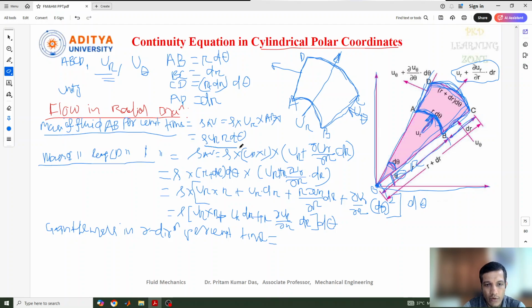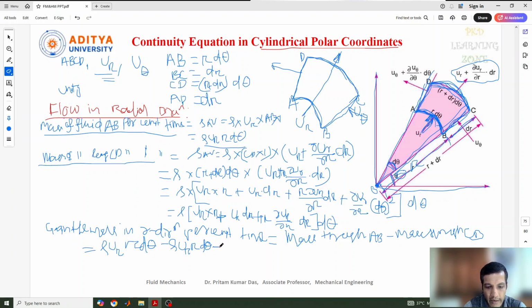This value minus this value: the mass through AB minus the mass of fluid through CD. So the value we got is rho ur r d theta, minus, just expanding this, rho ur r d theta.